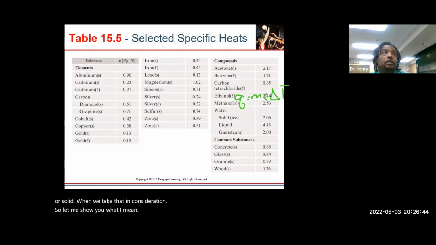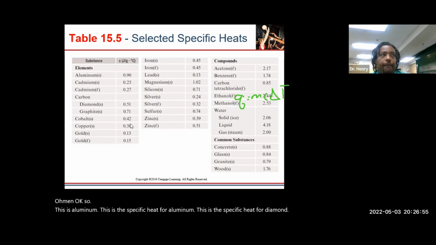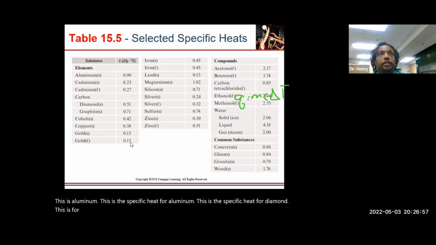Okay, so this is the specific heat for aluminum. This is the specific heat for diamond. This is for copper. This is for gold. Here is the specific heat for iron. This is the specific heat for silicon, sulfur.